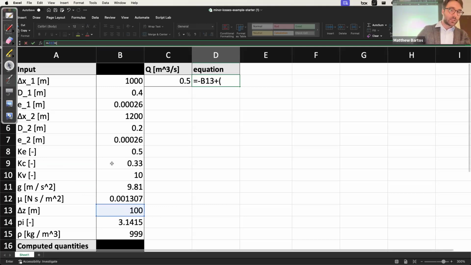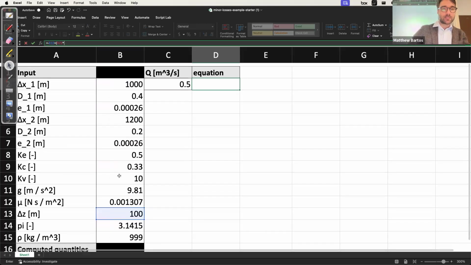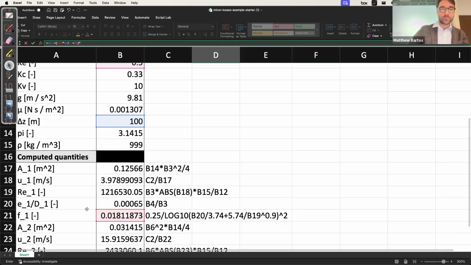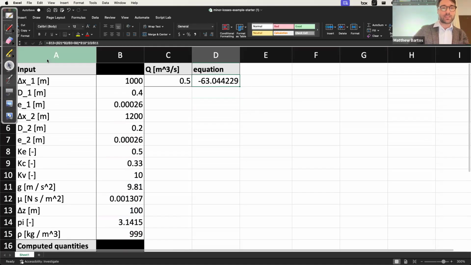That's going to be F1 times delta X1 divided by D1, plus KE, all times U1 squared over 2G. So that is U1 squared divided by 2 divided by G. I'm not finished yet, but I'm going to paste these out to the side.